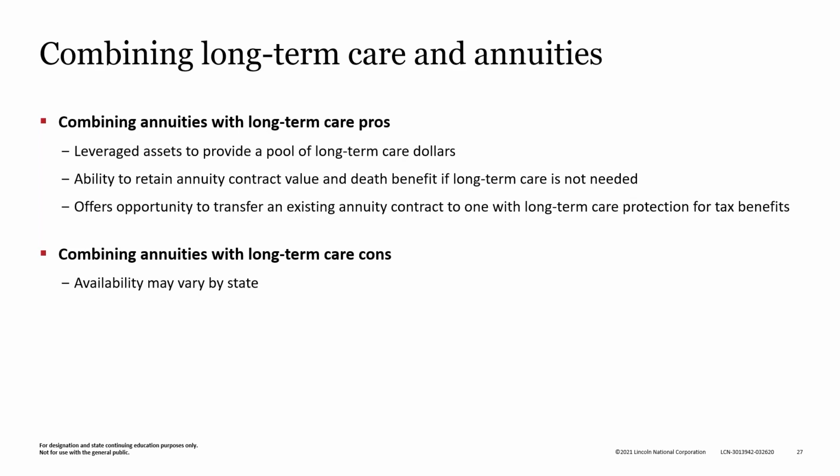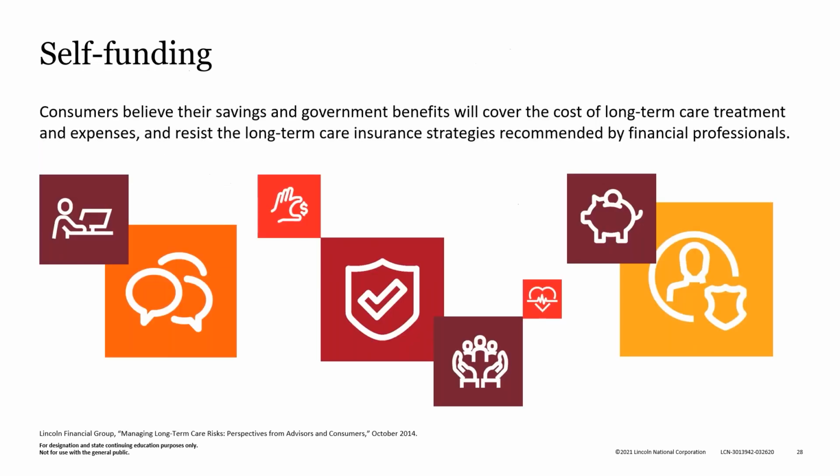Now, these options might vary by state, but certainly for those clients out there that have a number of annuities, they may not need 1 or 2 of them. That's a great opportunity to transfer that into a solution that leverages that annuity to pay for long-term care.